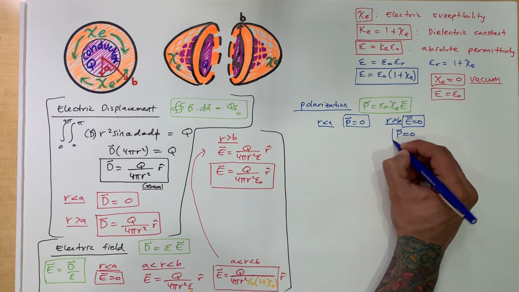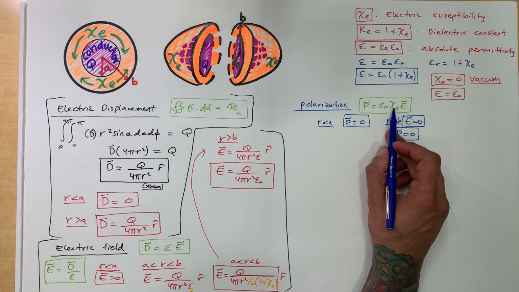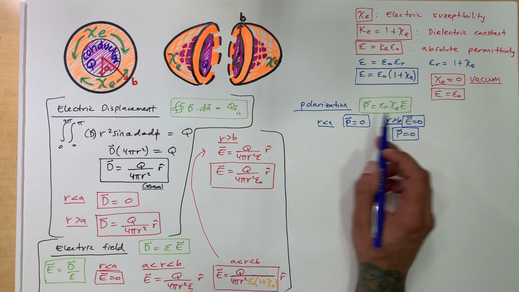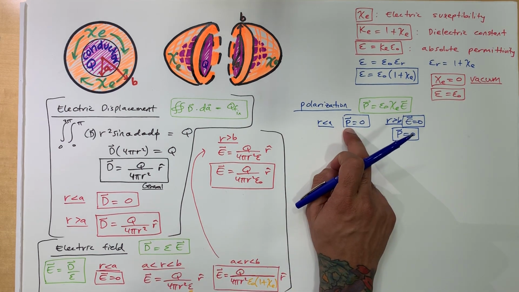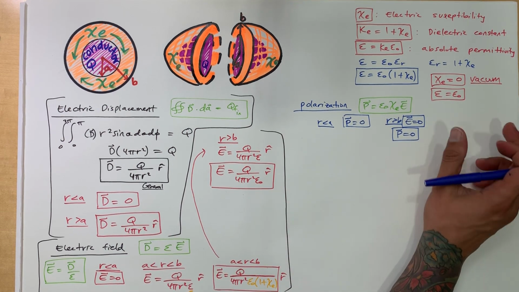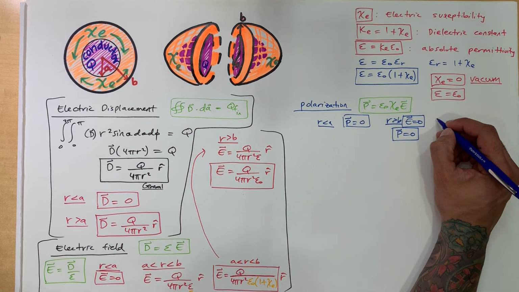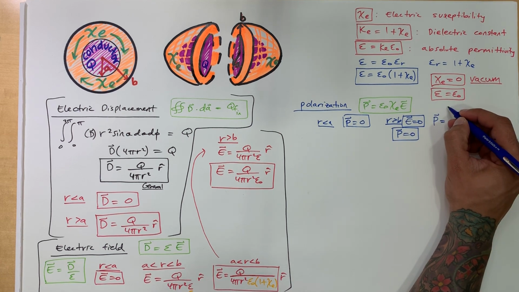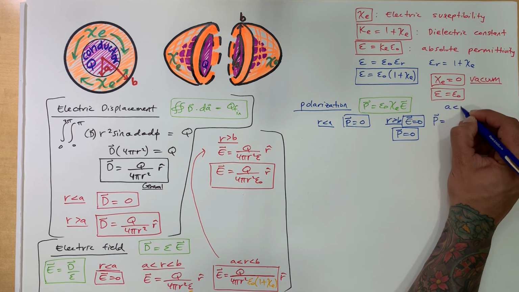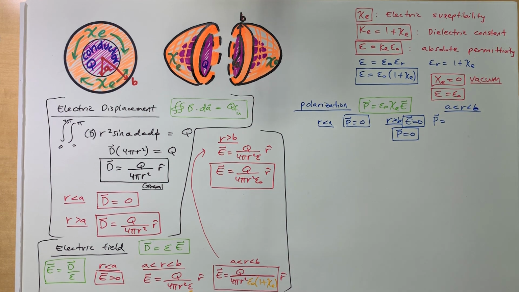Okay, so outside, chi is equal to 0, so this is 0. Inside, the electric field is equal to 0, and so the only part that has anything going on as far as polarization is going to be the region between A and B, the orange part, right, where you have chi.